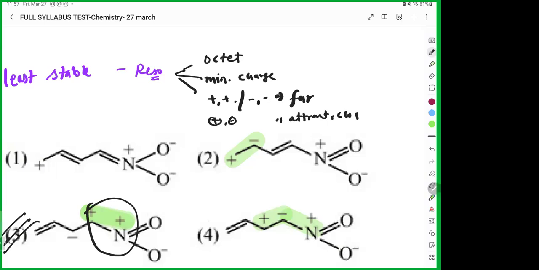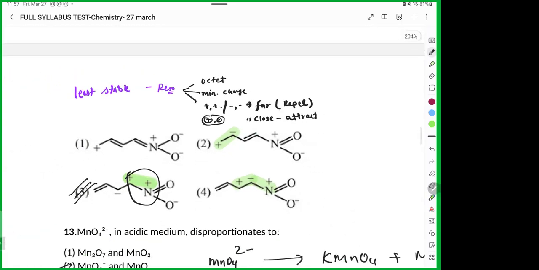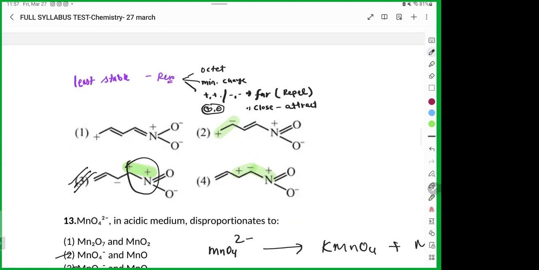I wrote it in a bad way. So opposite charges should be close to each other because they attract. Same charges repel, so they should be far.